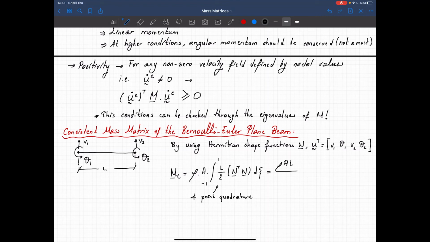Of course, you can always do it symbolically, but if you are doing it numerically, you have to use 4-point quadrature.